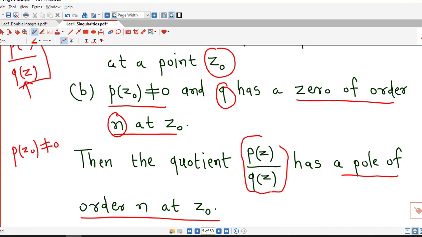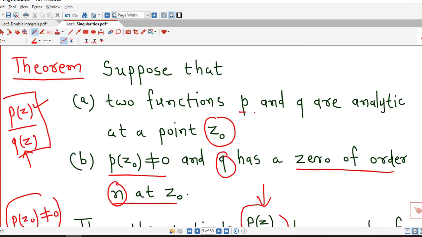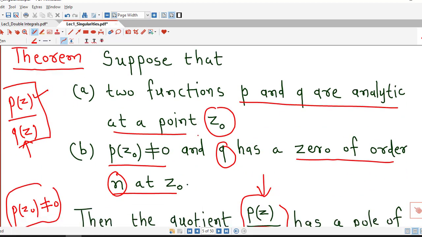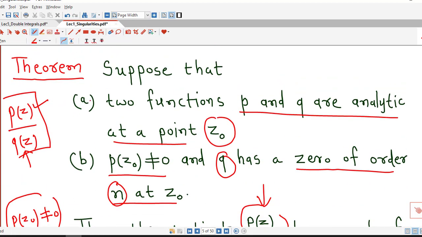So if z0 is a zero of this function q of z, which is in the denominator, then z0 is a pole of this function p of z upon q of z, provided p of z0 is not equal to 0, and of course p and q must be analytic at the point z0. So again I repeat, suppose we want to decide the poles of this function.